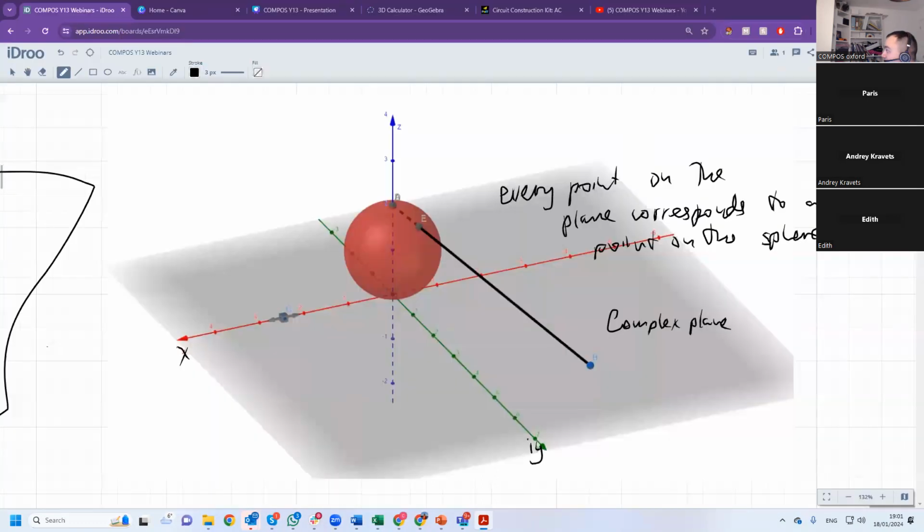And interestingly, the top of the sphere corresponds to every single point which is infinitely far away. And this is what we call the complex infinity.